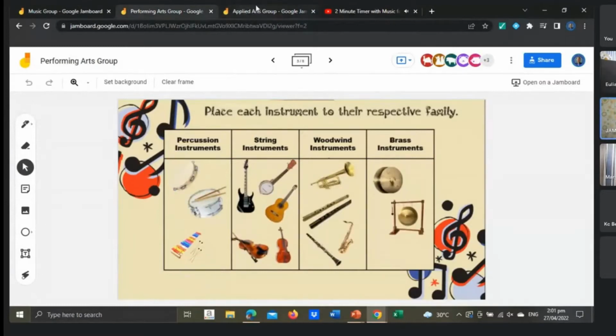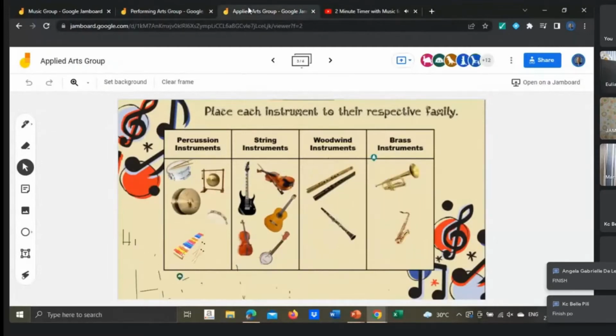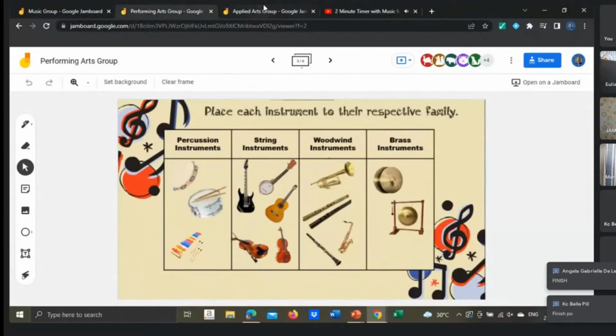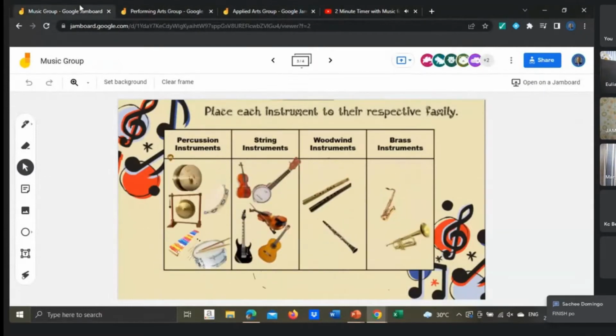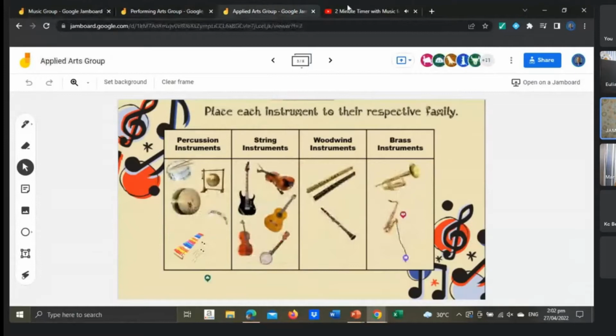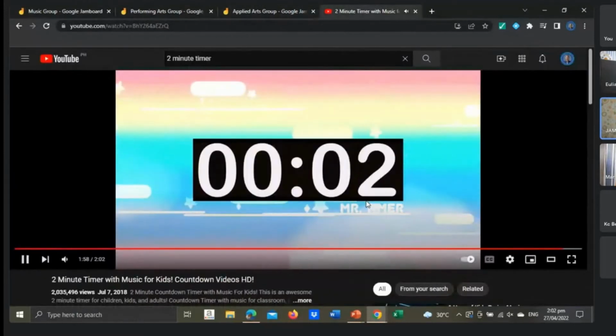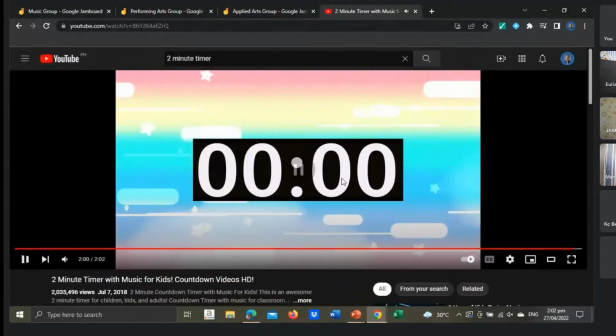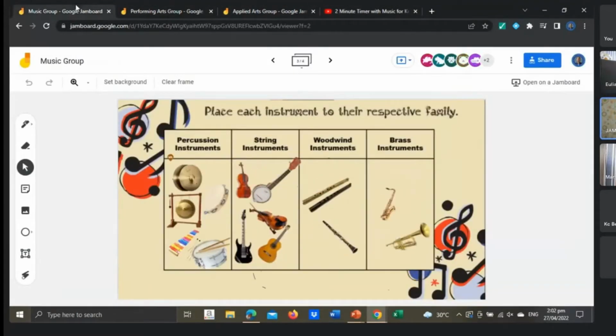How about the Performing Arts Group and the Applied Arts Group? Performing arts and applied arts are already done. Okay, time's up. So go back now to our classroom.